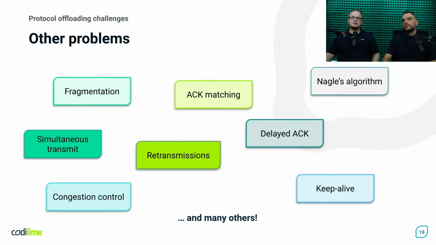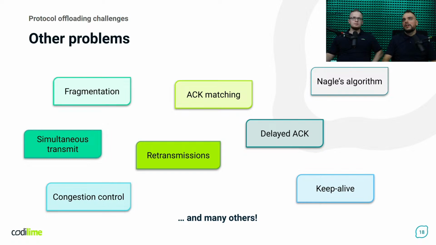Yeah, surely it is. There are many other problems, features expected from TCP, and our offload would need to guarantee those. Due to time limitations, we wanted to showcase one of the issues, but the others we have mentioned in our ebook associated with this webinar, and the link to this ebook will be presented at the end of the presentation.